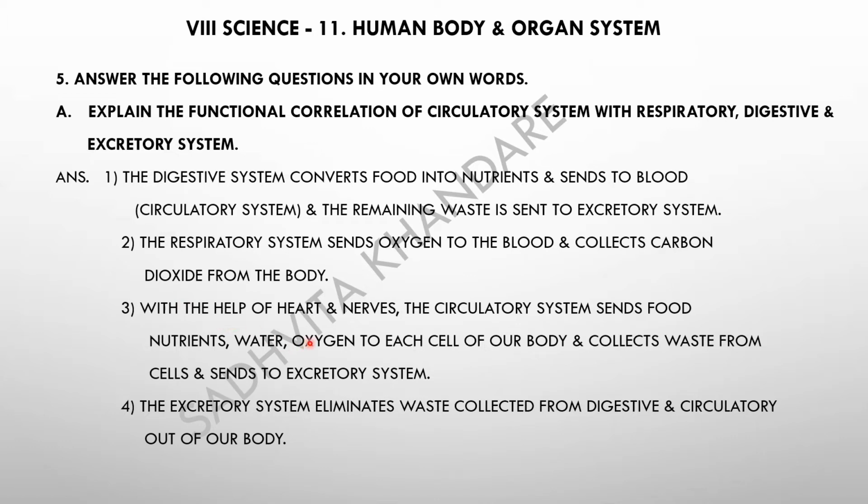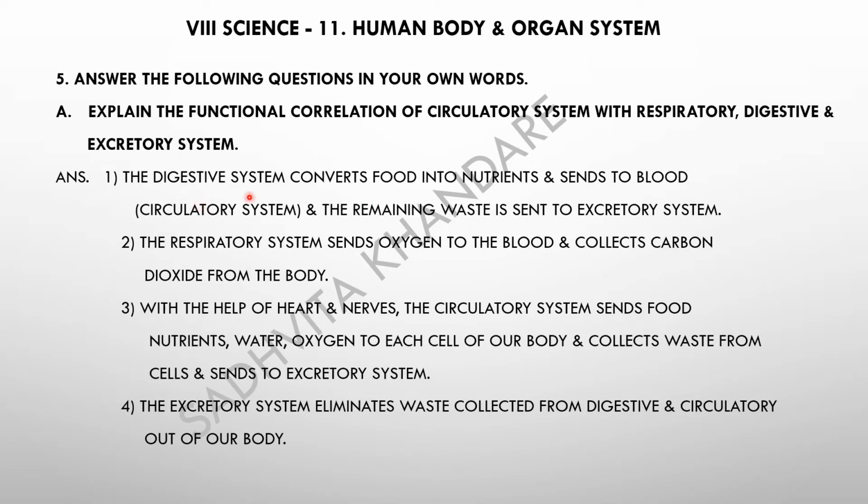With the help of heart and nerves, the circulatory system sends food, nutrients, water, oxygen to each cell of our body and collects waste from cells and sends to the excretory system. The excretory system eliminates waste collected from digestive and circulatory out of our body.